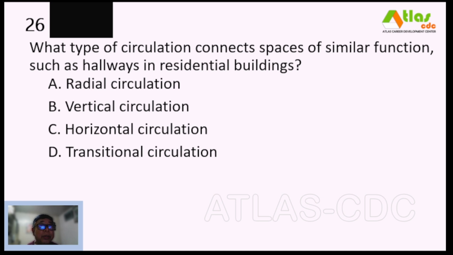Number 26. What type of circulation connects spaces of similar function, such as hallways in residential buildings? A. Radial circulation, B. Vertical circulation, C. Horizontal circulation, and D. Transitional circulation.